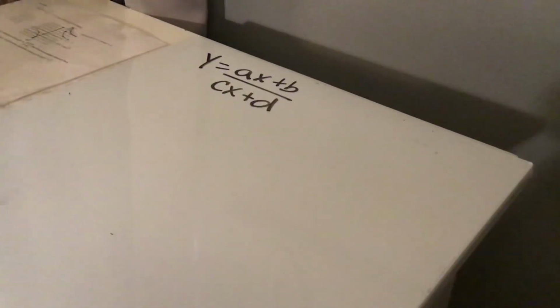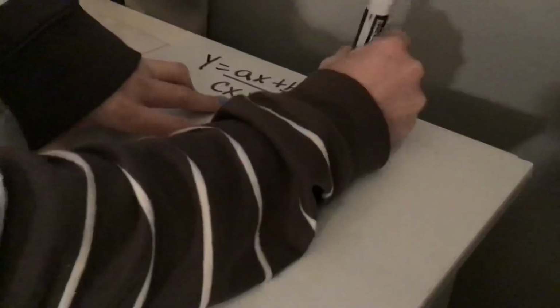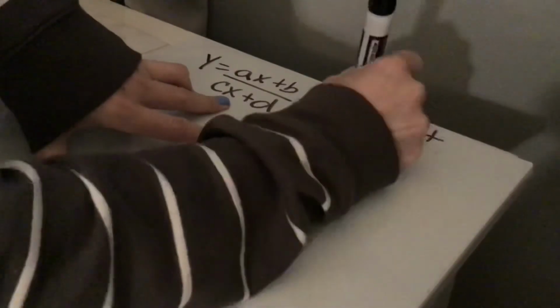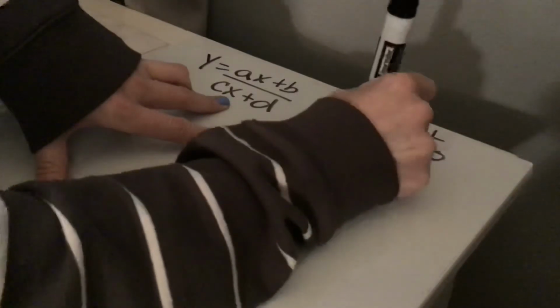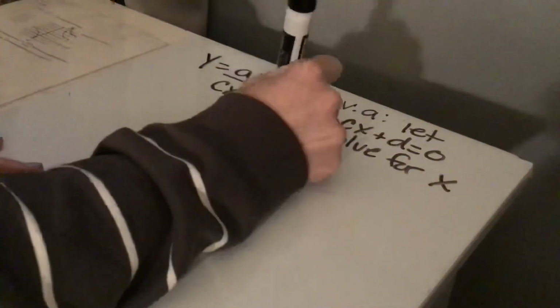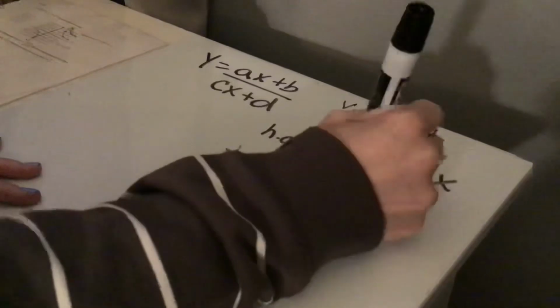So that would be where our vertical asymptote is: what x value makes the denominator 0. Because you can't divide by 0, so that's going to give you a vertical asymptote. And then the horizontal asymptote is just the line y equals a over c.